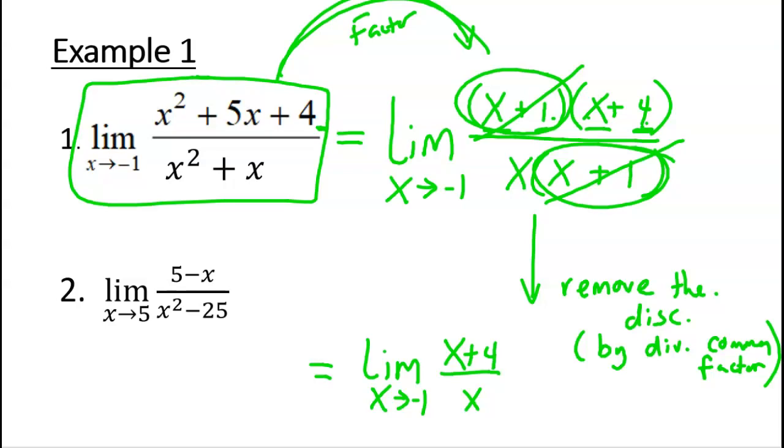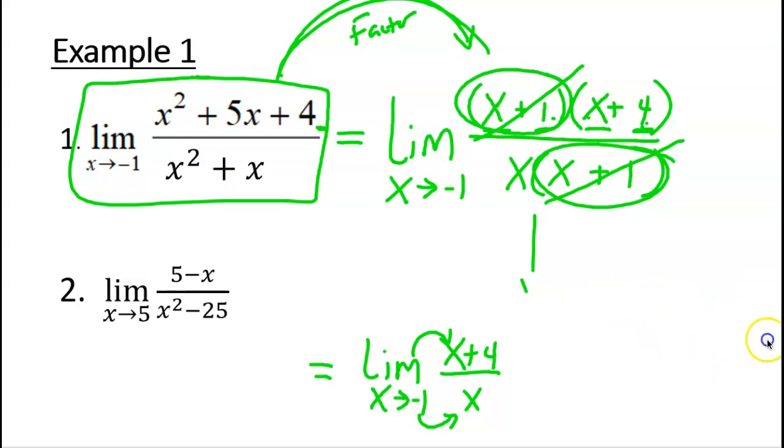All right. Well, now that I've removed the discontinuity, I'm okay to do direct substitution. Okay, so now I can plug in my -1. So if I do that, let's see what we get. If you plug in -1 to the top and the bottom, you get this.